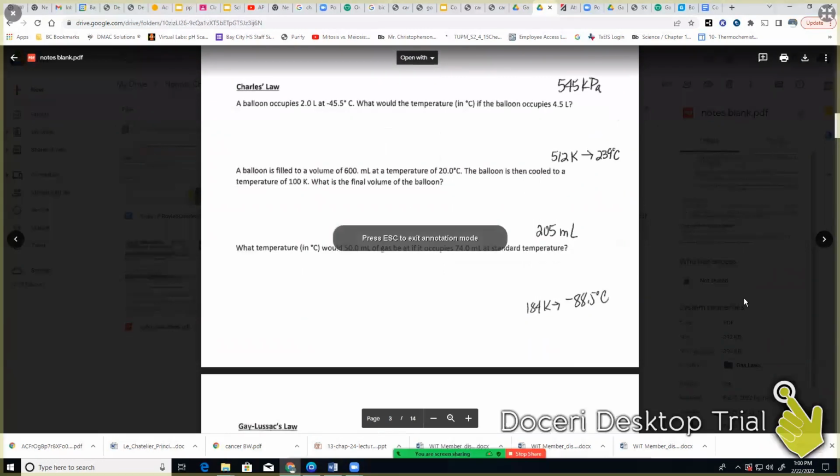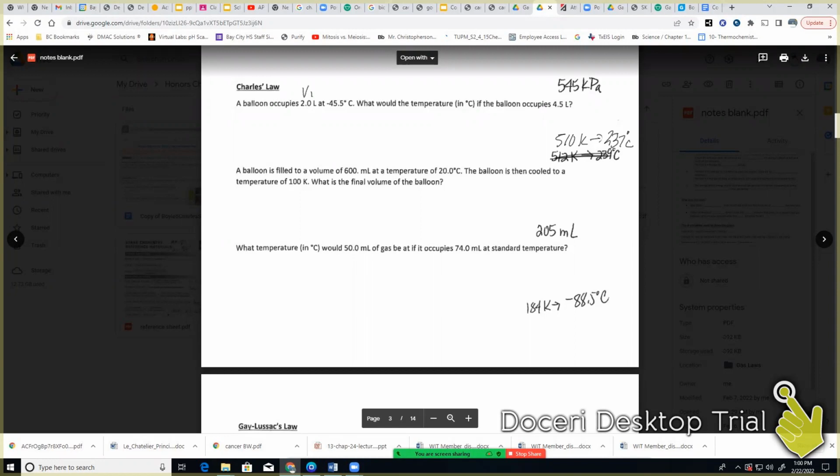And this should actually be 510. That's the answer to 237. Oops. 237, 37 degrees Celsius. All right, so this one says a balloon occupies 2 liters at negative 45.5 degrees Celsius.